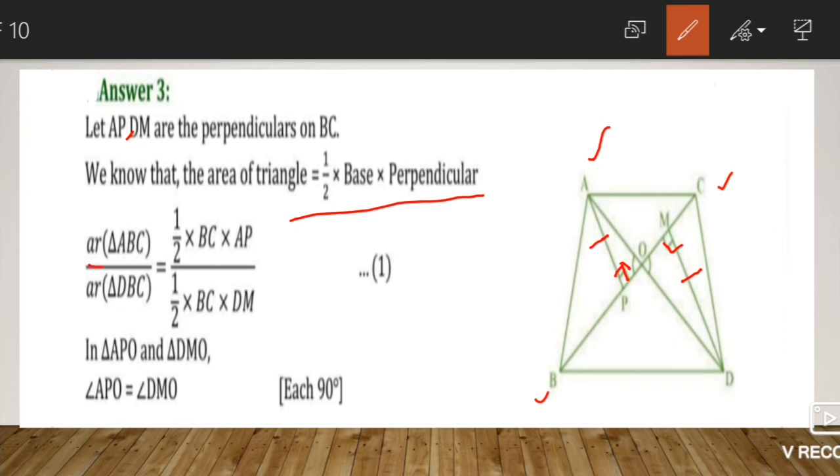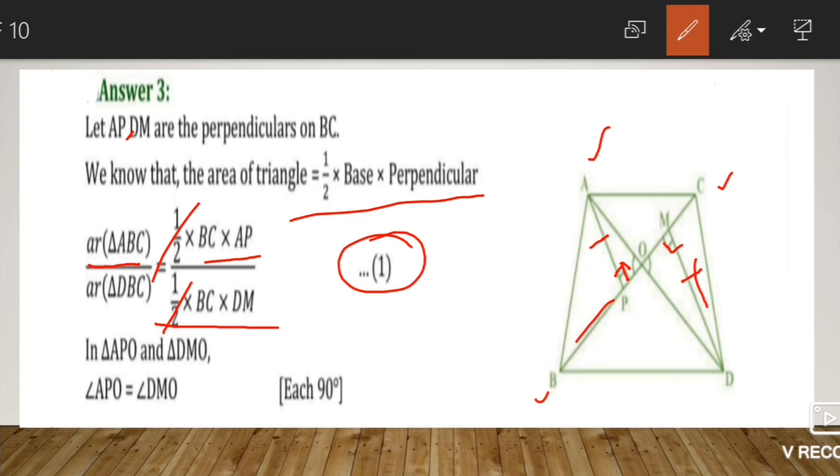Similarly, for triangle DBC, area will be half into BC into DM, because for triangle DBC the base is the same BC and the height is DM. Now you can cancel this half and half, and mark this equation as equation number 1.